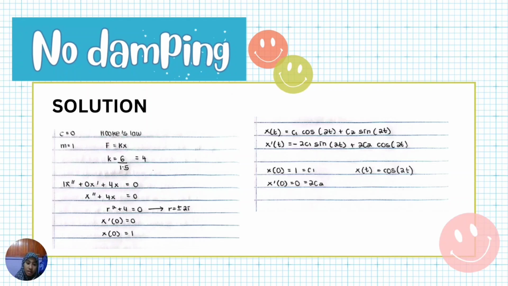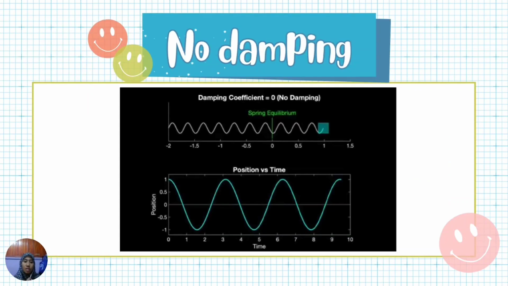We got x(t) equal to cos 2t, and we need to include it in x(t) and x'(t). So now, this is the graph of displacement versus time. The damping coefficient is 0, which is no damping, and the graph given is sinusoidal.